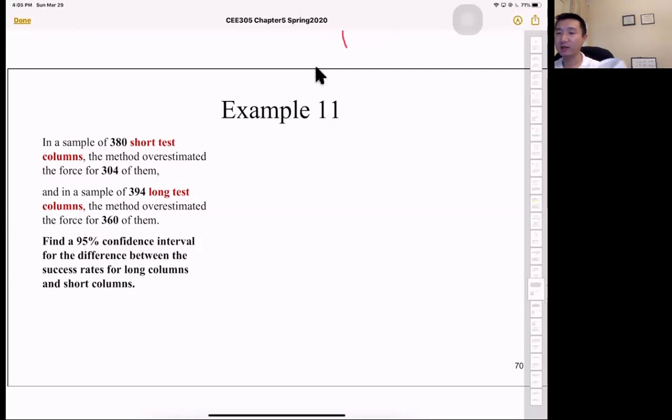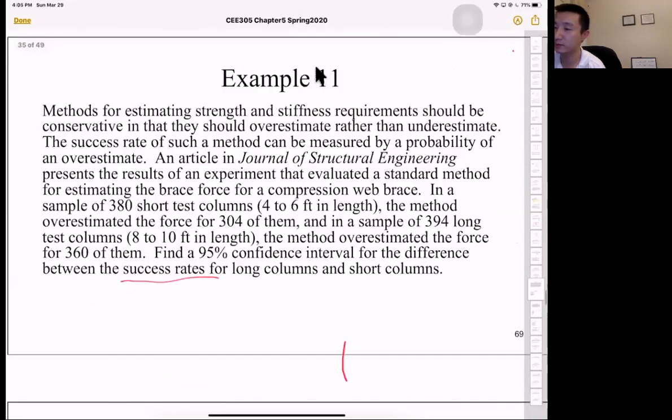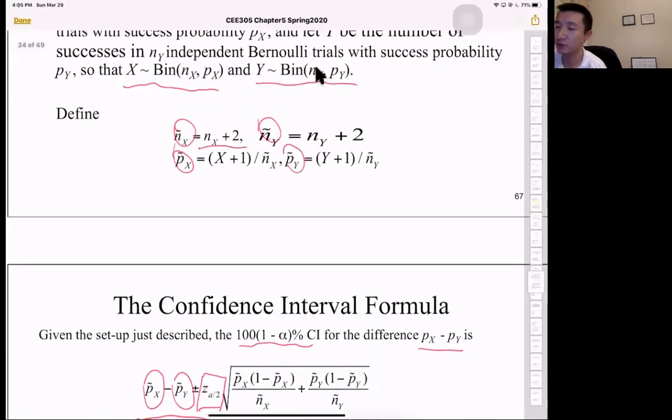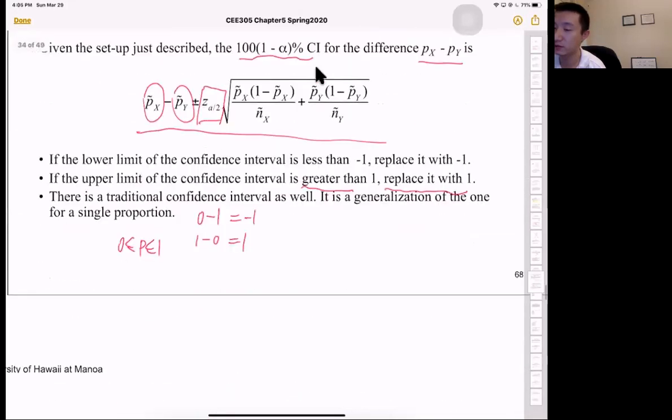So let's do this together. First of all, we calculate the modified nx, which based on the equation is nx plus 2, and this is modified px.